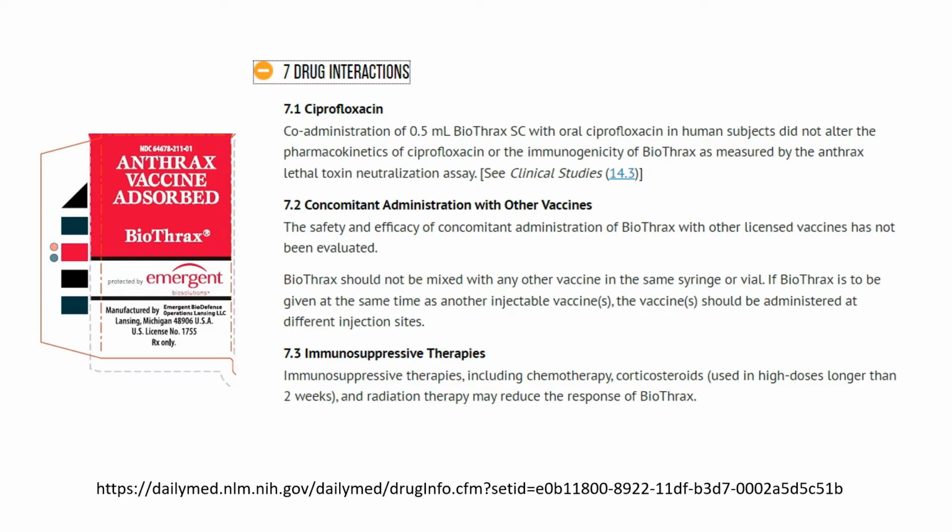The section on interactions provides details on relevant interactions between the vaccine and other products, typically antibiotics, cancer treatments, or corticosteroids, and co-administration with other vaccines. For example, the Biothrax label specifically states that the vaccine can be administered together with ciprofloxacin, an antibiotic used to treat anthrax.